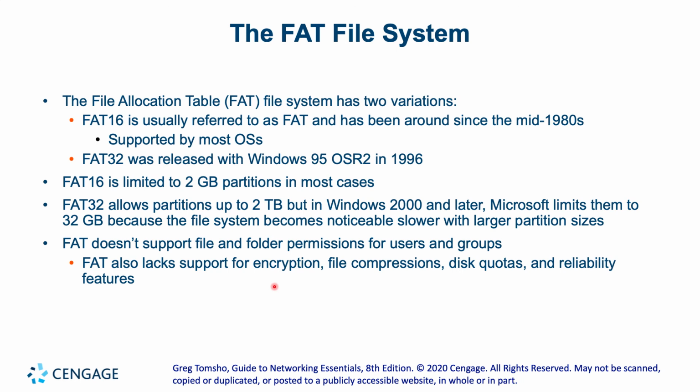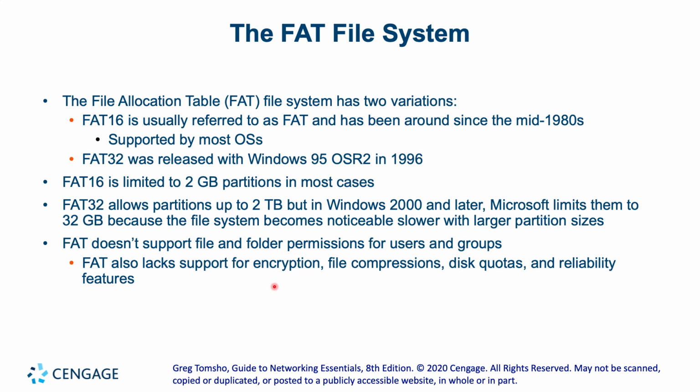When FAT32 came out, it allowed partitions up to 2 terabytes. But they limit the volumes in there to 32 gigabytes because of the nature of the file system. So from FAT16 we had 2 gigabyte partitions, and with FAT32 we can have 32 gigabyte partitions.